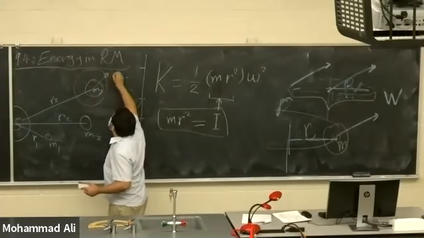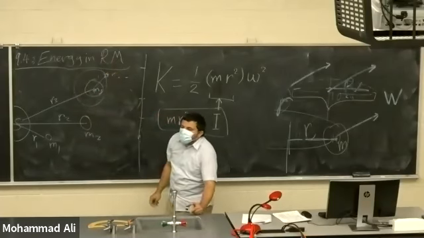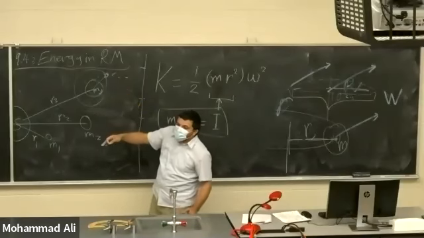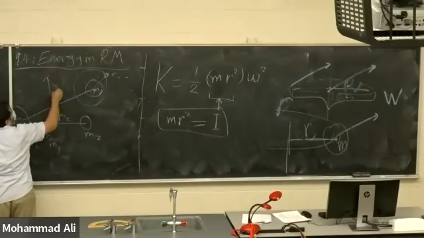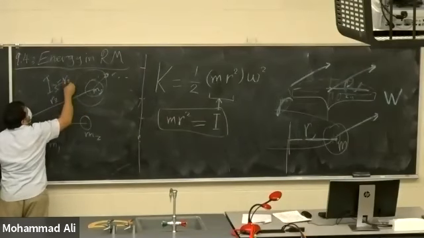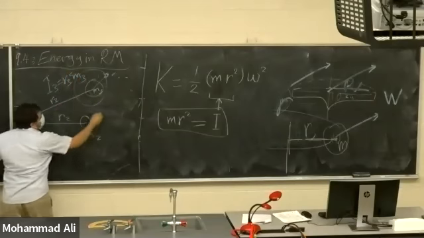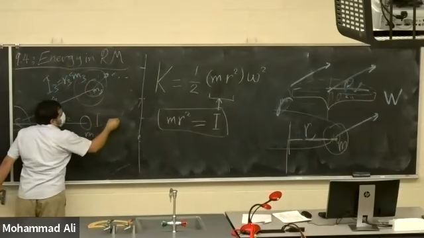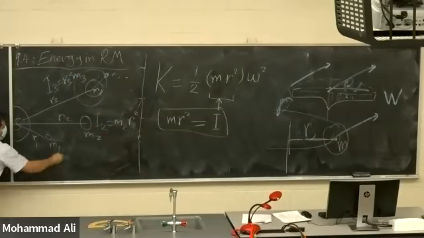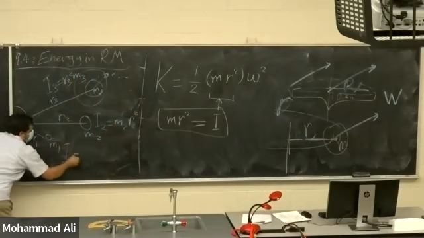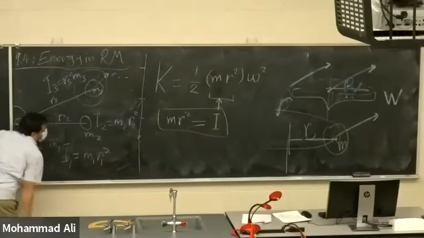It has its mass and its radius. If we need to compute the kinetic energy for all of them, we need to find I3, which is R3 squared M3. I2 is equal to M2 R2 squared. I1 is equal to M1 R1 squared.